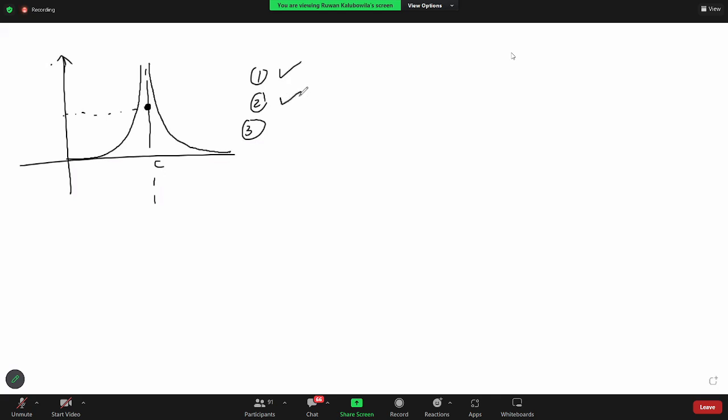Yes, right. Now we have to check the third statement: whether this f(c) value is equal to the limit of f(x) when x approaches c. Is this condition true or false? False. Why? The limit of f(x) as x approaches c is positive infinity.